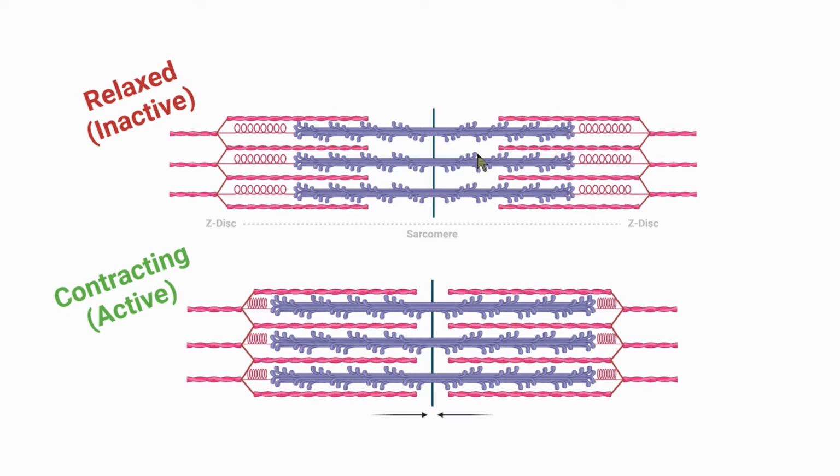If you were to compare these two images, you'd find that there's a lot more connection, or binding, of myosin to the actin in one. And here we find that there's some open area, so that means that it's kind of inactive, in a more relaxed state in a relative sense.